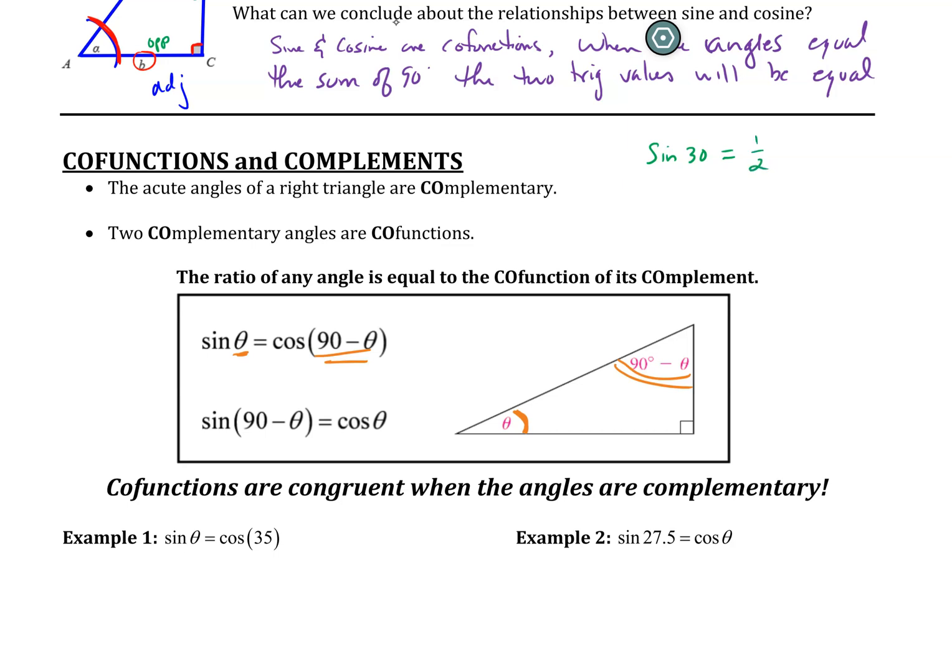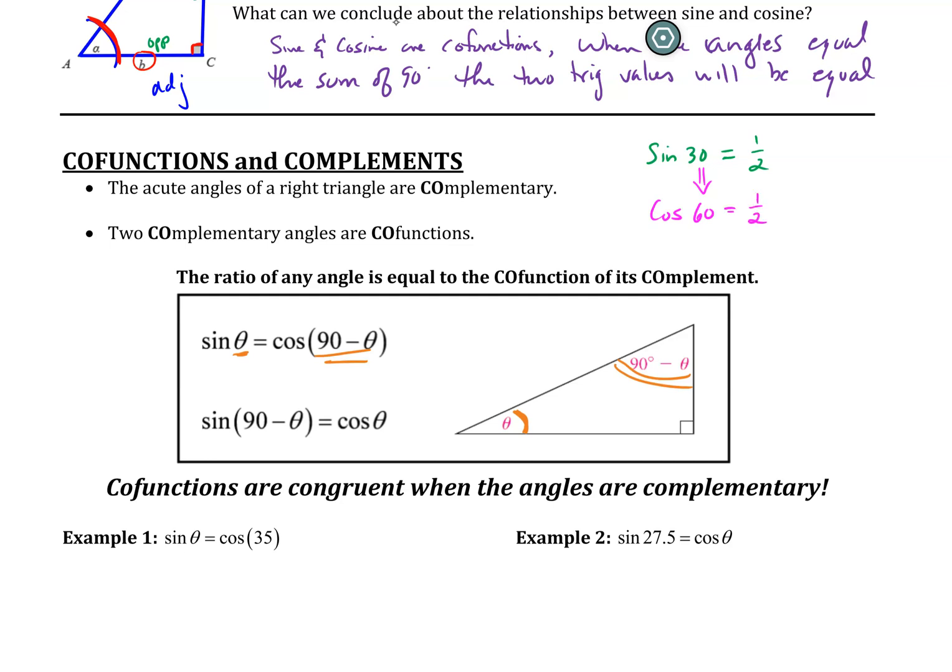Well, since I know that, I also know that the cosine of its complement, so the complement of 30, meaning what number do I have to add to 30 to get to 90, that would be 60, is also going to be 1/2.